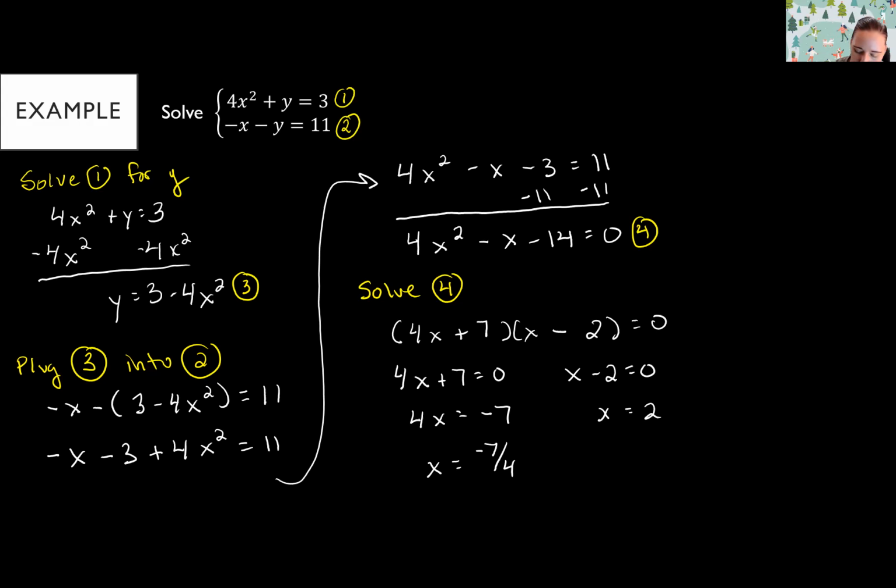So these are part of our solutions, and we need to plug in our values for x into equation 3. So I will just label these. This would be 5 and 6 that we've just created are 2 solutions. So we're going to plug 5 and 6 into equation 3 so we can get the y values.